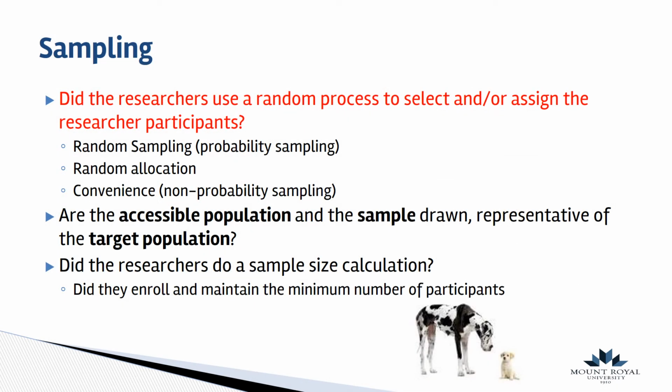So questions to ask ourselves about sampling is, did the researchers use a random process to select and or assign the research participants? And so we call that random sampling, but often you might hear the term random allocation. So this is where we draw a sample from the population, and then we randomize that population, we allocate them to the experimental or the control group.